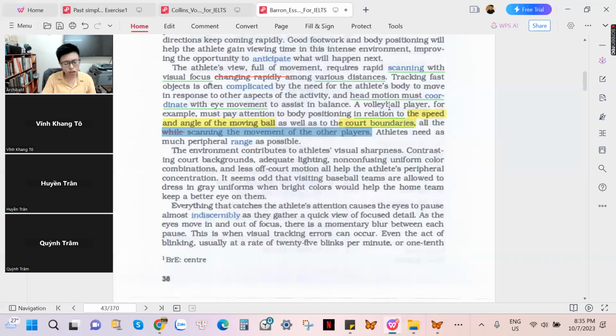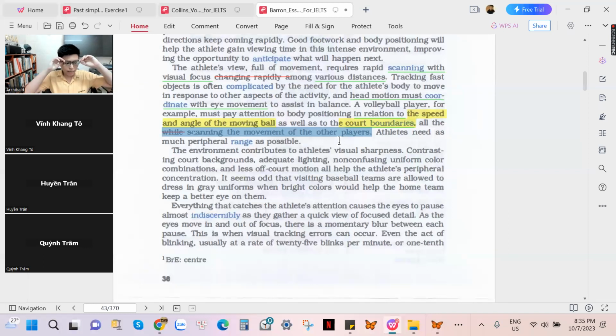the volleyball players not only pay attention to the speed and the angle of the ball and notice the court rules, but also have to scan the movement of the other players.